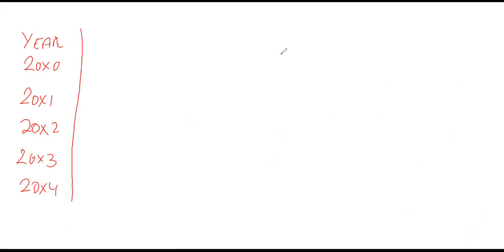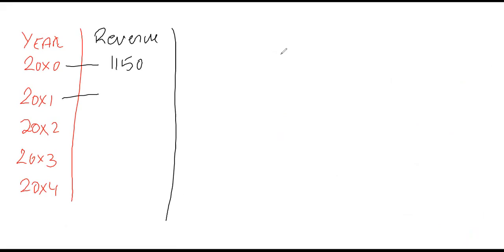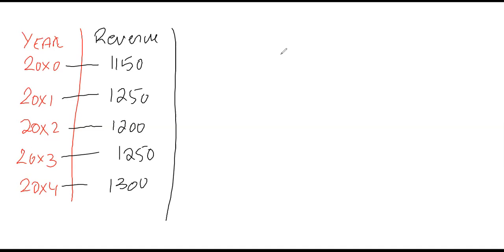After this, in the revenue column, we have 1150, the actual revenues, 1250. Then we have 1200. After that, 1250 again, and then 1300.